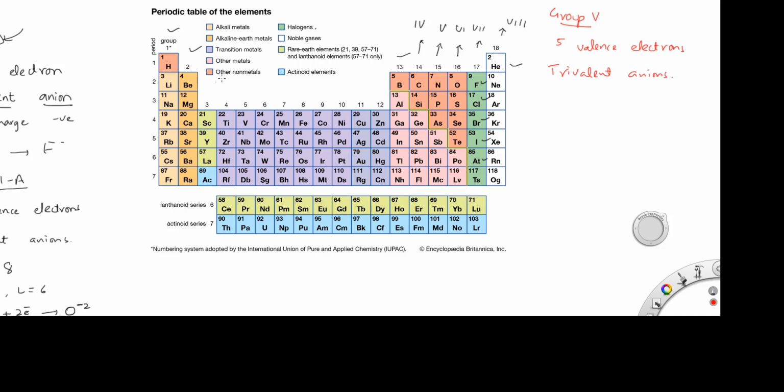Then if we look at the general representation of this periodic table, what we find is these elements here, they're metals, and then we have a staircase here like this. So the elements under this staircase are usually metals, and these usually are metalloids.